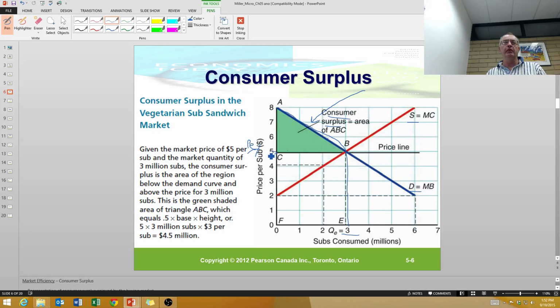But if the market price is set by the intersection of the supply and demand curves, then the vendor only gets price times quantity. He only gets $5 times 3, which is 15. And this extra value goes to the consumers instead.